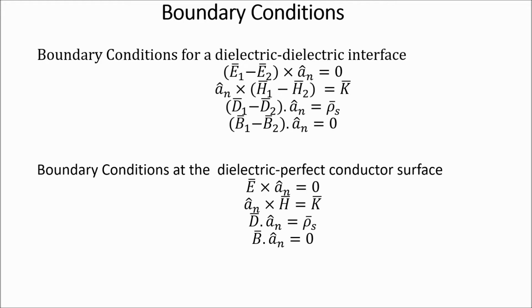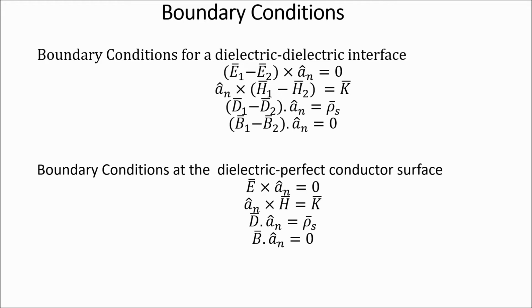The first expression says that the difference of the tangential component of the electric field is equal to 0. The second expression says the difference of the tangential components of the magnetic field is equal to the surface current density. The third expression says the difference of the normal component of electric flux density is equal to the charge density on the surface.